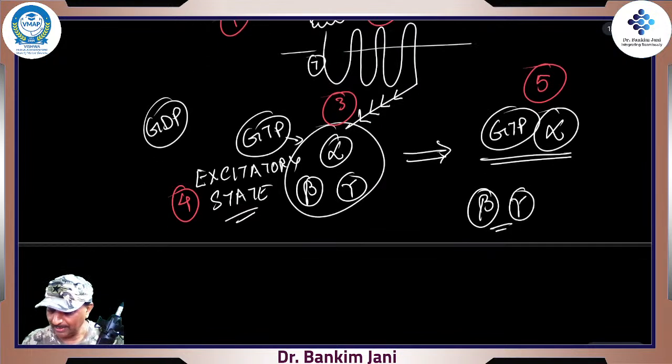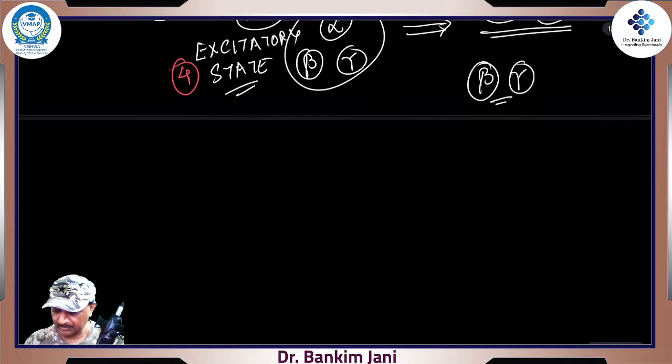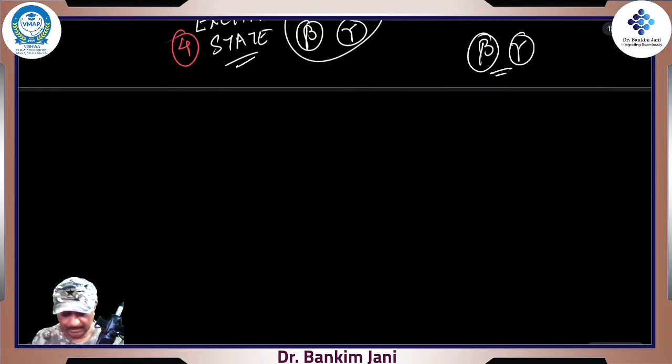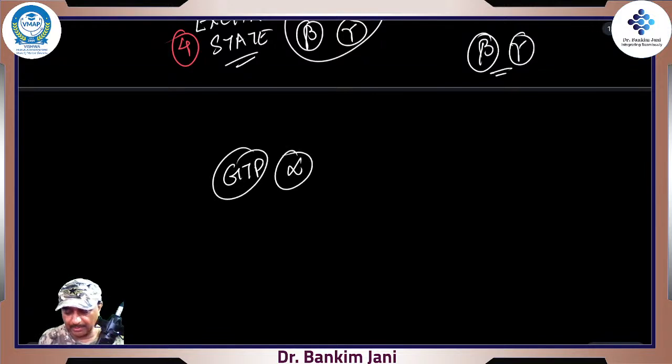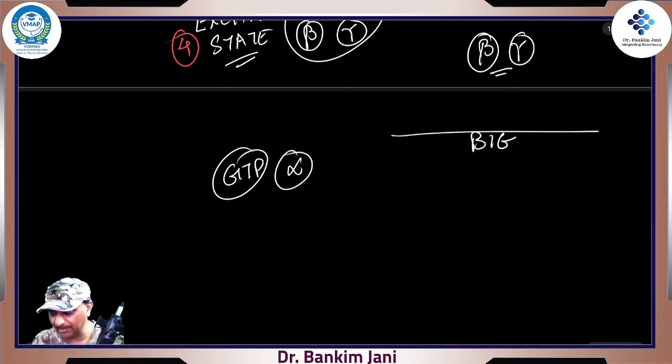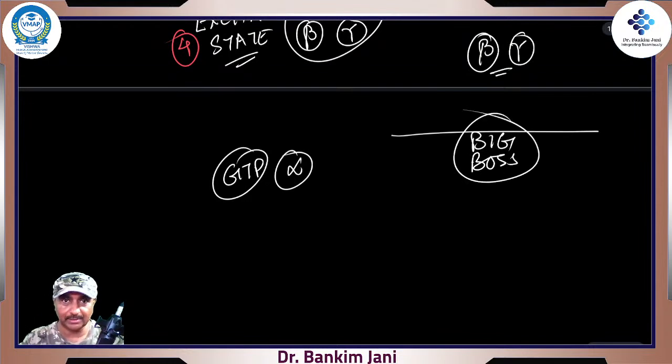So now at step 5, here is this GTP and alpha. He takes to another big boss, right? Another big boss, right? And we literally write big boss, right? That cannot be, because in its reality, he is a big boss, right? And he is Anna, जो पी के बैठा है, right?